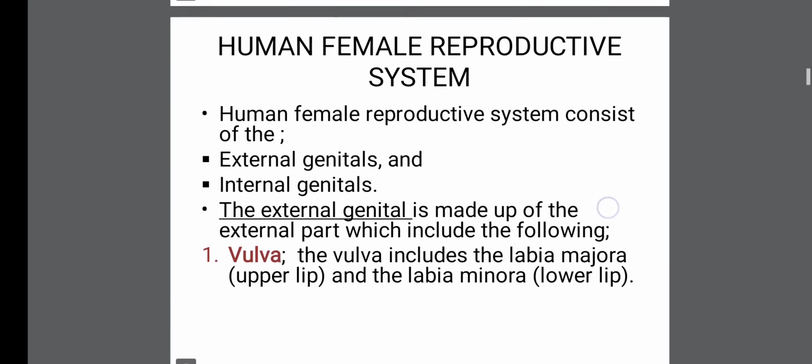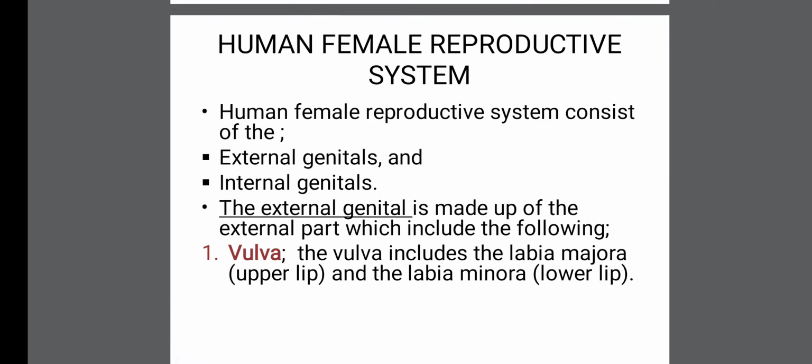Now let's proceed. Human female reproductive system. The human female reproductive system consists of the external genitals and internal genitals. The external genitals is made up of the following parts. The vulva.